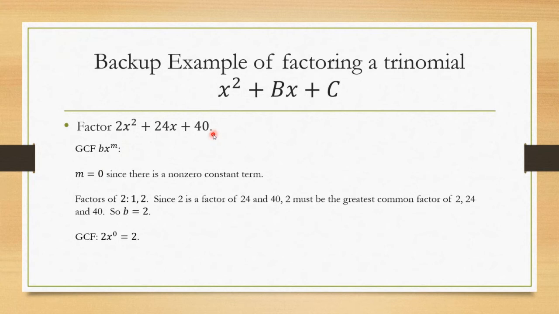Well, that tells you the greatest common factor among the coefficients and the constant term has to be 2. You can list the factors of 24 and 40 if you want to, but what's nice is we don't have to. Since 2 is a factor of 24 and 40, 2 has to be the b over here, the greatest common factor of the coefficients and the constant term. So that tells us our GCF here is 2, so we can factor that out.